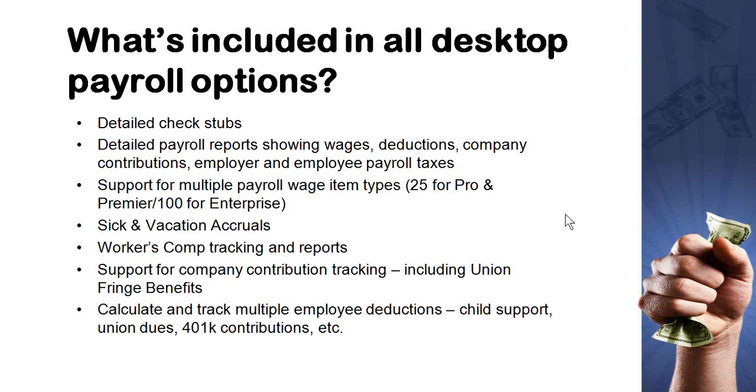You also have the option for sick and vacation accruals. You can set up workers' comp tracking in QuickBooks and get workers' comp reports. There's support for company contribution tracking, including union fringe benefits. Plus, you can calculate and track multiple employee deductions: child support, union dues, 401k contributions, etc.